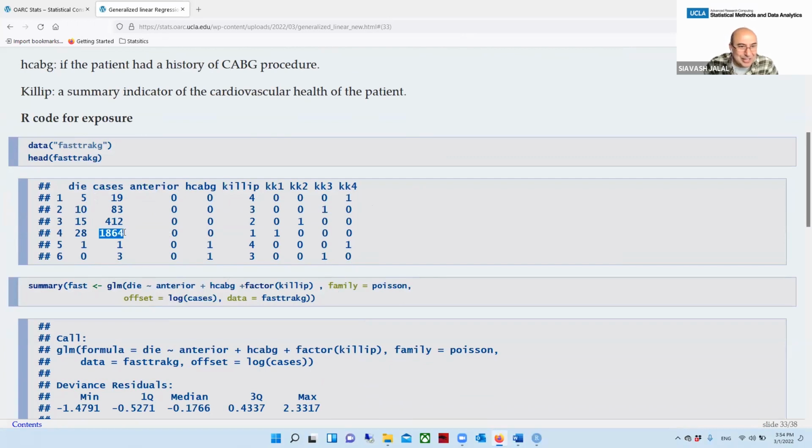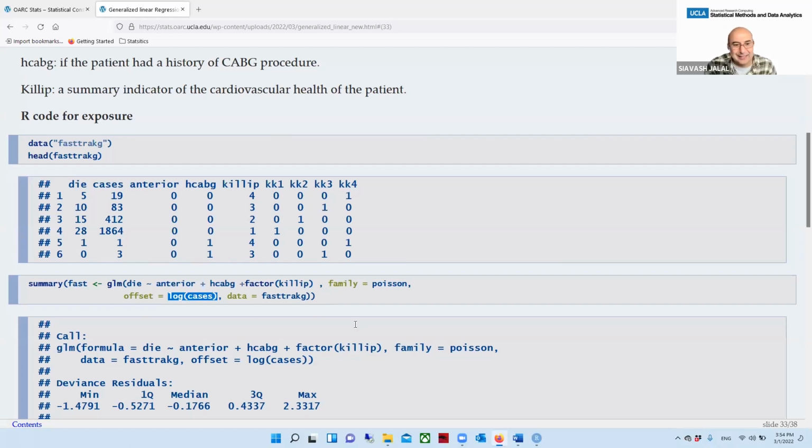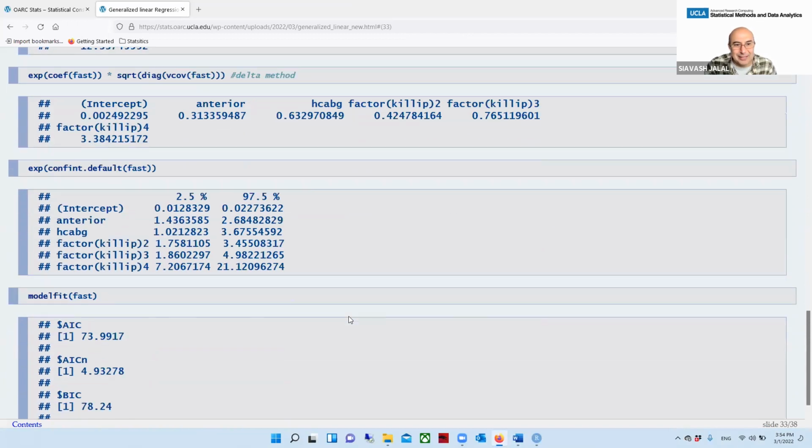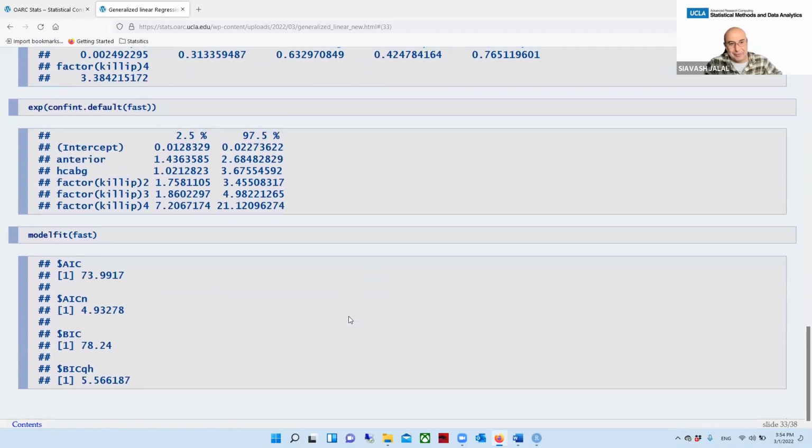If there are more cases, the number of deaths, of course, is more, right? So that is basically our exposure. So log of exposure in a GLM model is simply, for exposure, you add log of that exposure as offset. And then you run the model, and there is more on that again.